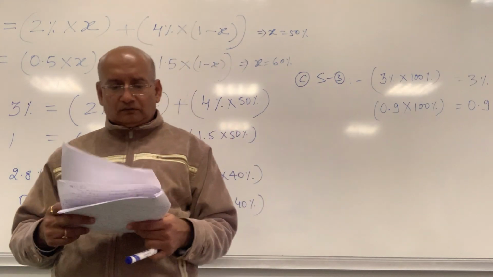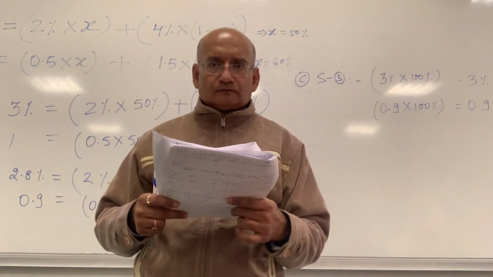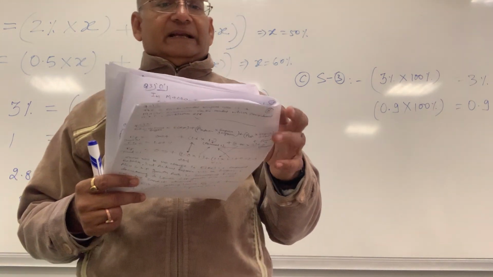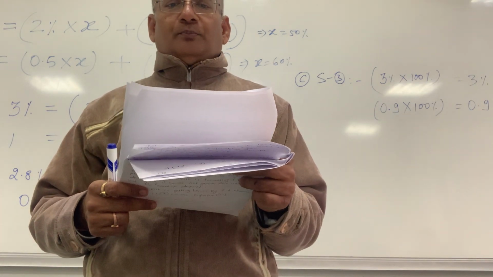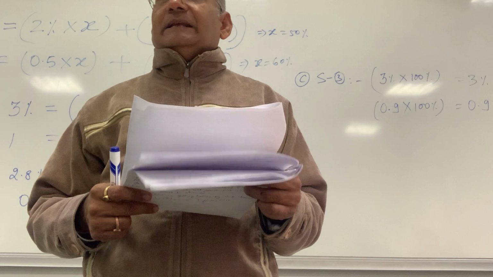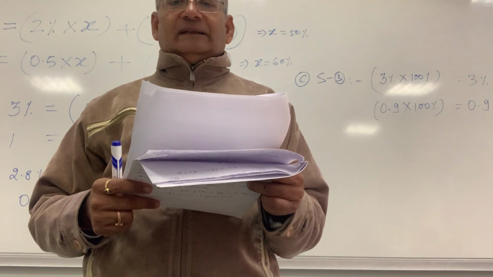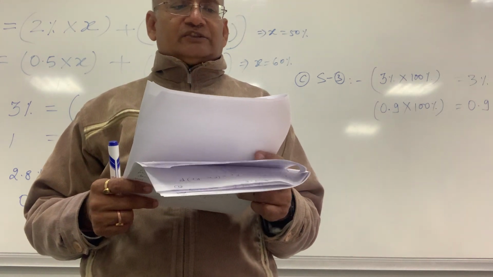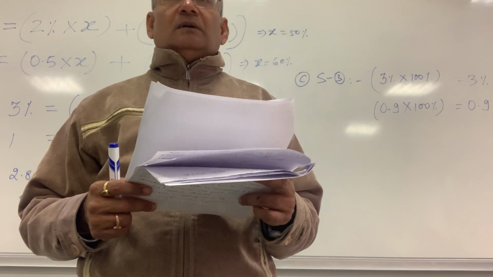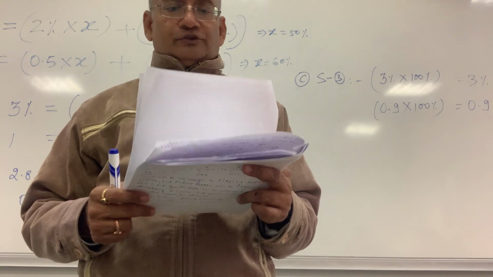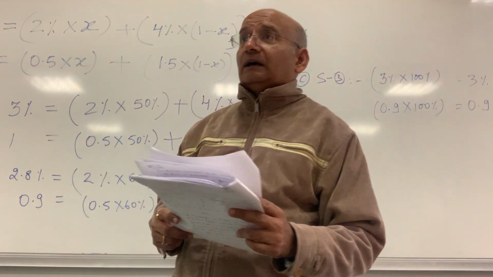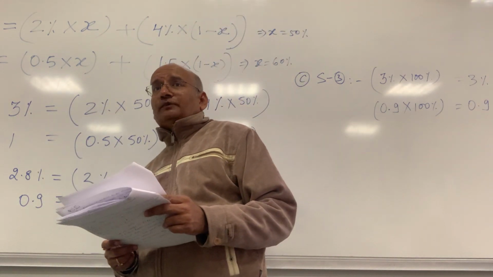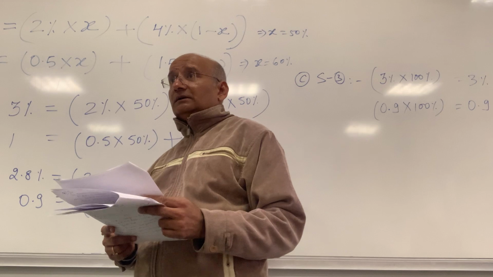Part number 4, question number 2. Based on the data in Exhibits 2 and 3, the returns for portfolio AC, given the surprises in inflation and GDP growth, is closest to. So they are asking to calculate the return of portfolio AC.